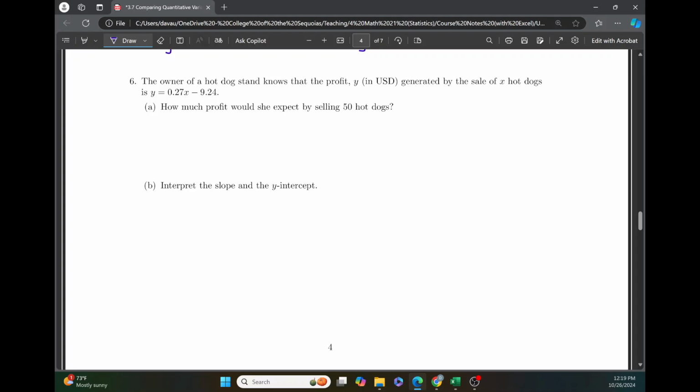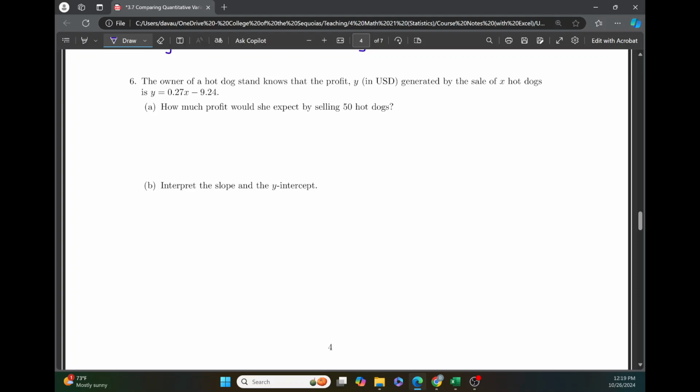Number 6 here says the owner of a hot dog stand knows that the profit Y in US dollars generated by the sale of X hot dogs is Y equals 0.27x minus 9.24. How much profit would she expect by selling 50 hot dogs?